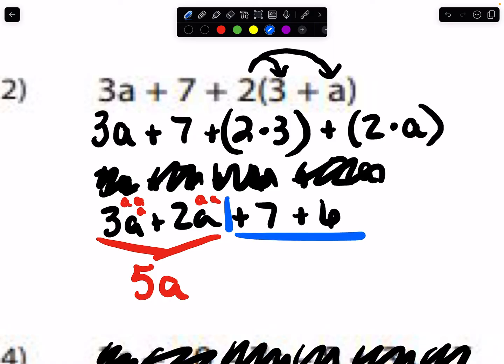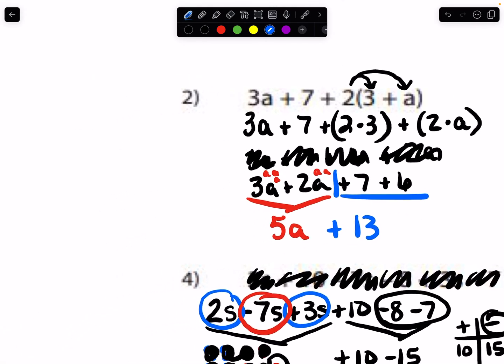And I add 7 plus 6, which is 13. So this is tying together the 2 things that we have already been practicing. You have to distribute first to inside of the parentheses, and then you combine terms that have the same variables, the same letters. Okay, let's go to number 3.